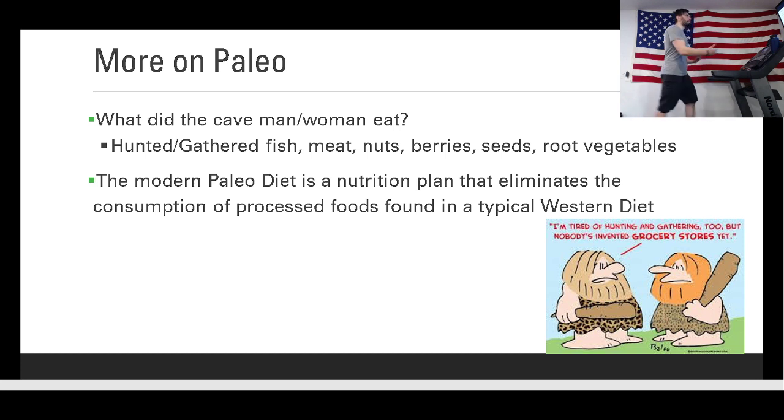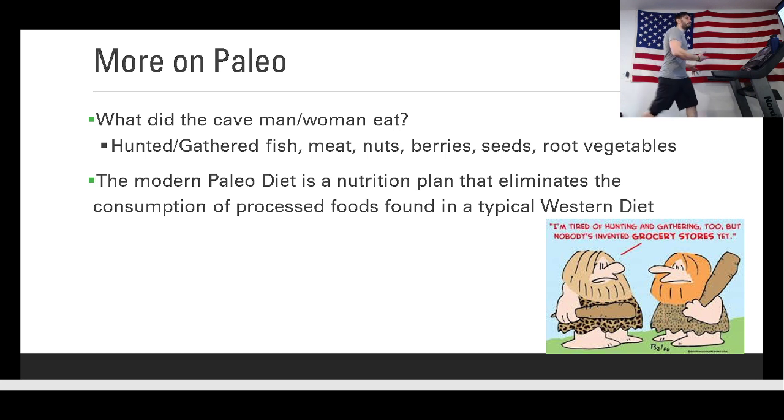So we talked about some of this, so what did the caveman or woman eat, right? We have this little cartoon picture here. I'm tired of hunting and gathering too, but nobody's invented grocery stores yet, right? So that's what they had to solely rely on.